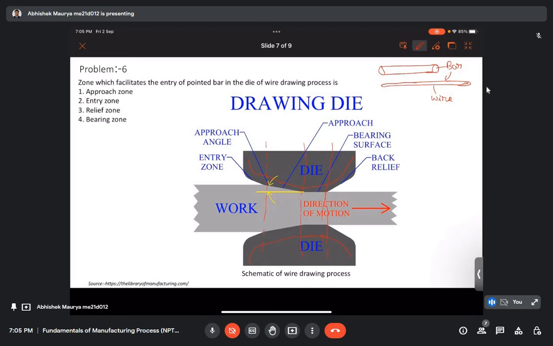So the first zone, where the bar enters inside the die, is the entry zone, which is here.